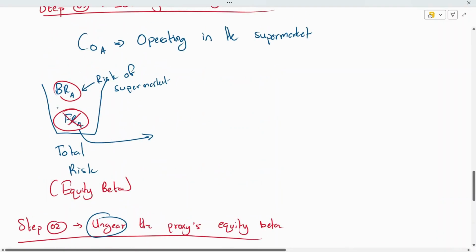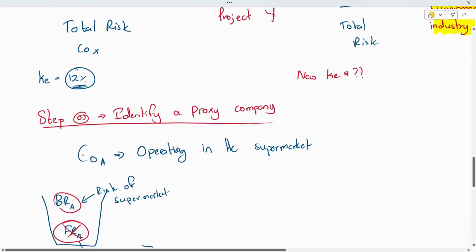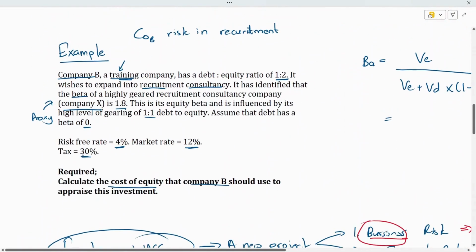We are taking the proxy company's equity beta and removing the financial risk. So ideally, you have to use the proxy company's capital structure. It might seem straightforward, but many students make this mistake.